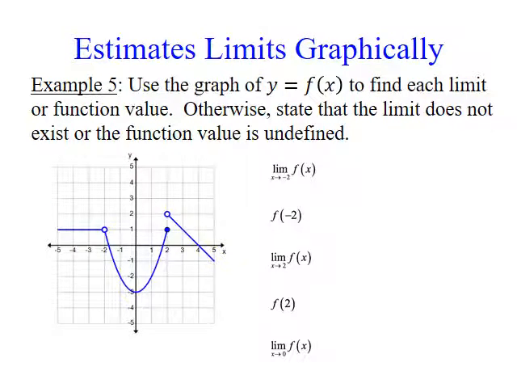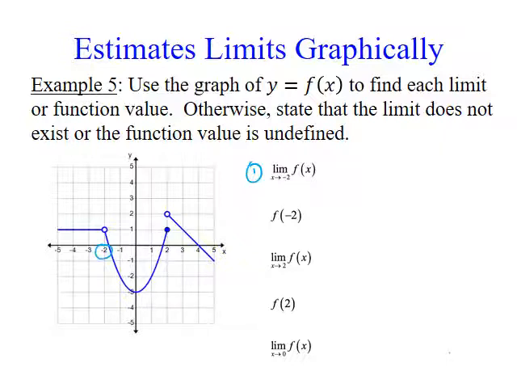You will be given examples like this, and this is an example of a piecewise function, and we want to identify the limit or the function value at different points. So let's look at this. In this first part here, we want to find the limit of this function as x approaches -2. So -2 is here.